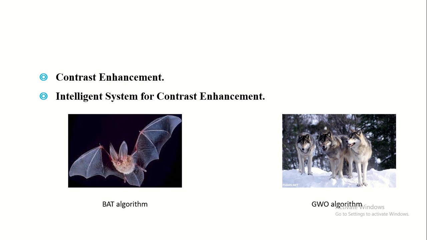But the result of improvement through them was not at the required level. So we improved the contrast of the image using AI, using meta-heuristic algorithms such as the BAT algorithm and Gray Wolf optimization algorithm.